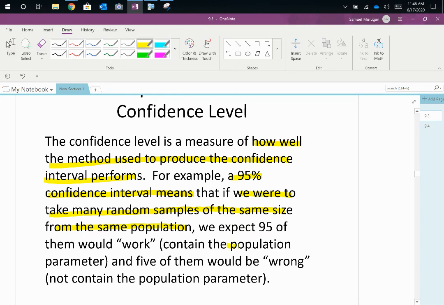Again, emphasis on contain the population parameter, and 5% of them would be wrong, not containing the population parameter. So we're 95% confident that every time we pull a sample, it would work. Only 5% of the samples would not work.